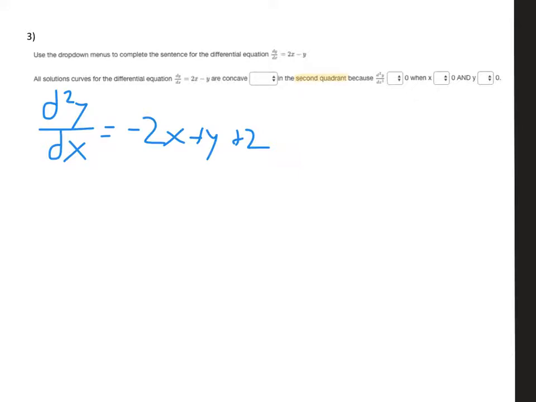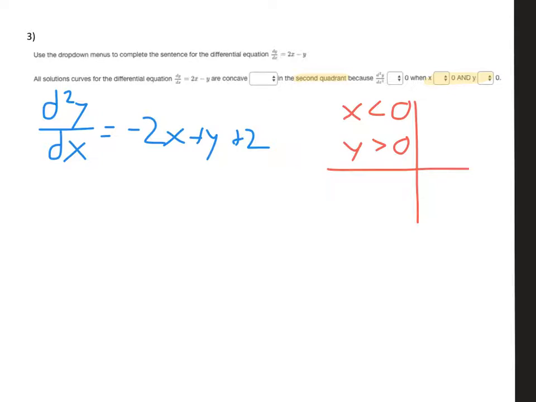And over here we can see in the drop down we're saying when x is something 0 and y is something 0 as well. So in the second quadrant, x is negative over here and y is positive.